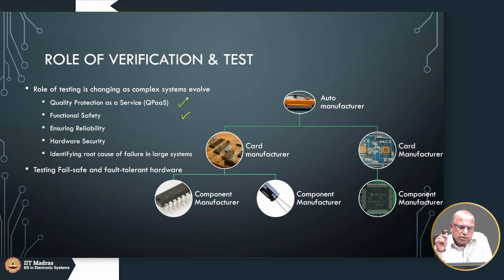If there is a problem because of aging, etc., the hardware goes into a safe state. Similarly, ensuring reliability of the components, ensuring that the security of the component is maintained. And if a failure occurs, what is the root cause? All these are now becoming part of verification and test.